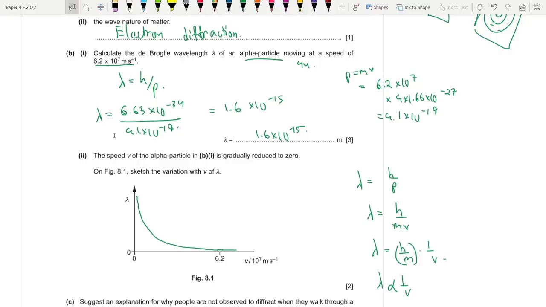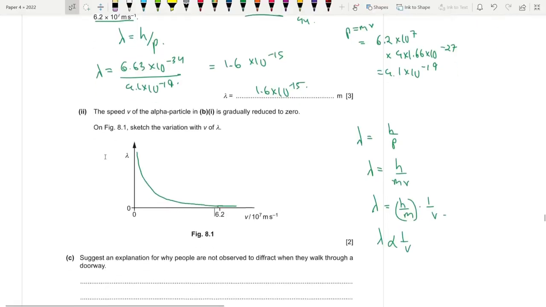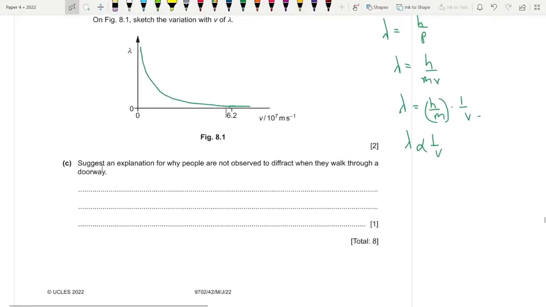So it's actually quite impossible. Basically, we can say that the gap in the door is not small enough. It's impossible to form a grating that will allow people or humans to diffract. Like it's impossible for a tennis ball to diffract. So humans are far away from diffracting.